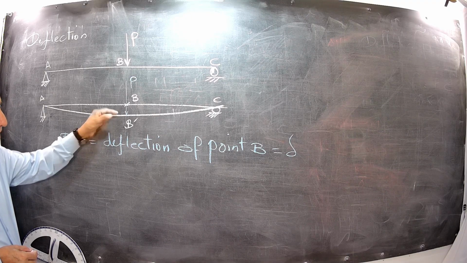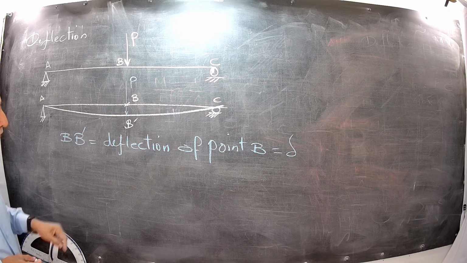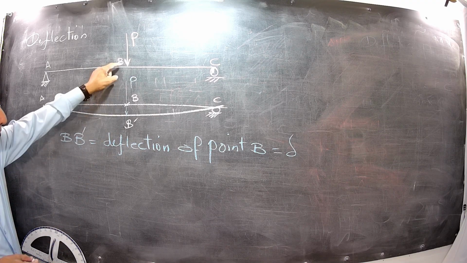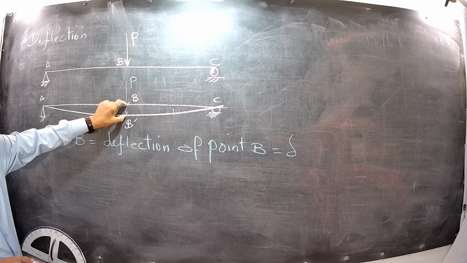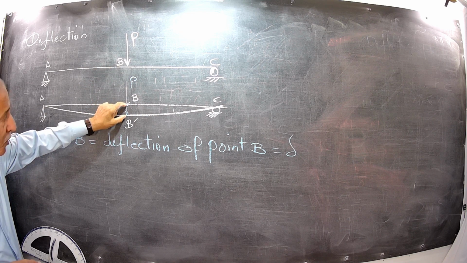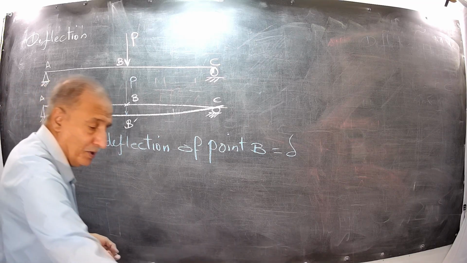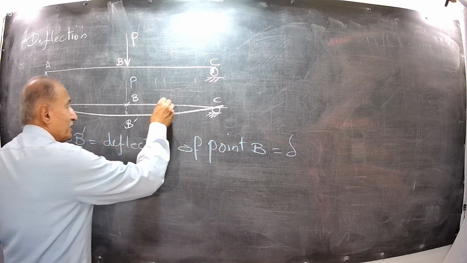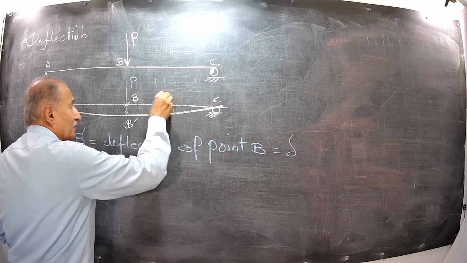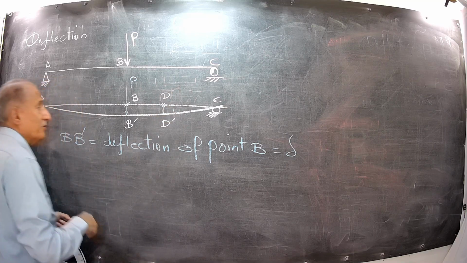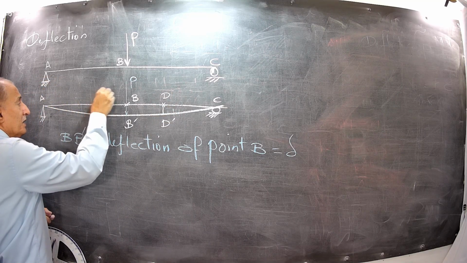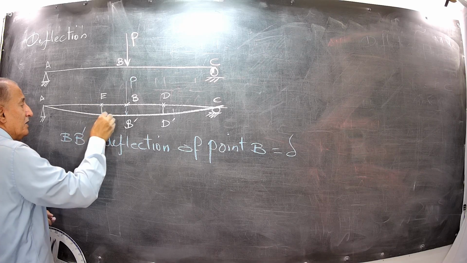There are many ways to calculate this amount of delta. For example, here, because it is the middle, the deflection here is maximum, but you are able to calculate it at any other point. That's D and D prime. For here, E and E prime.